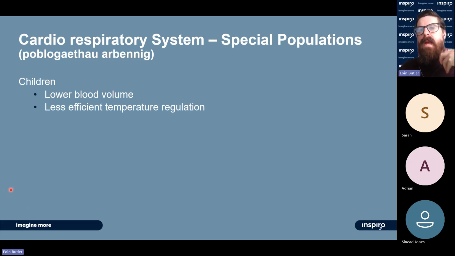So when we exercise with children, we need to think about the environment that we're training in. If we're in a hot environment, it's going to take them longer to cool down and to cope with that hotter temperature. If it's a cooler environment, it's going to take them longer to warm up. So we might have to do a longer warm up section and a longer cool down section as a result.